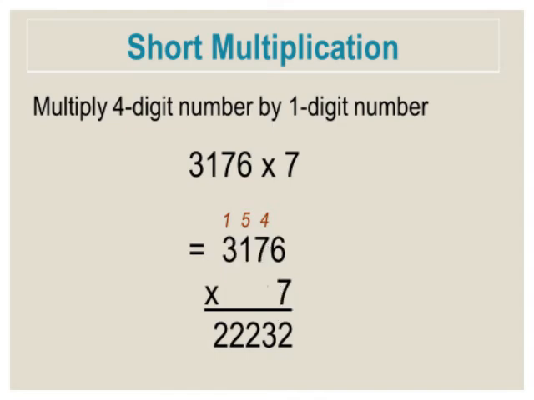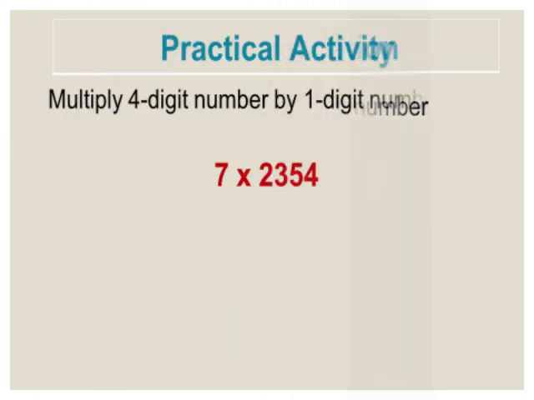Multiply 7 with 3 and add the 1000 that you carried over. 7 times 3 equals 21 plus 1 equals 22. Write the 22 on the answer line, the 2 in the thousand column and the other 2 in the 10,000 column. The answer is 22,232.